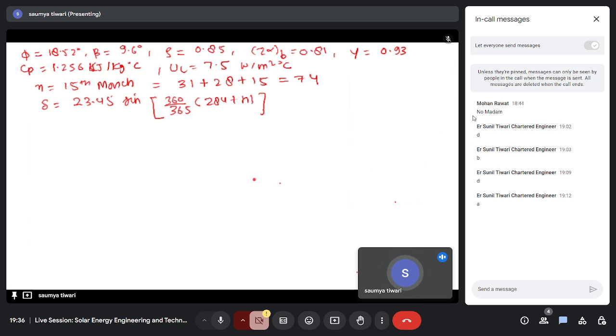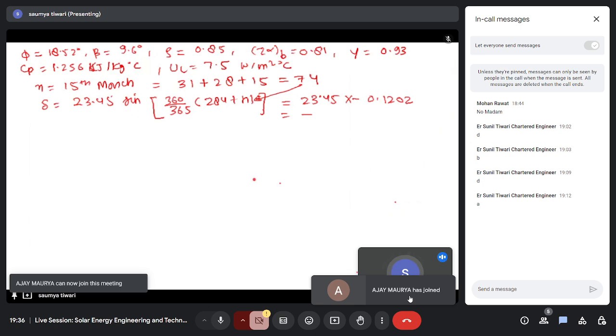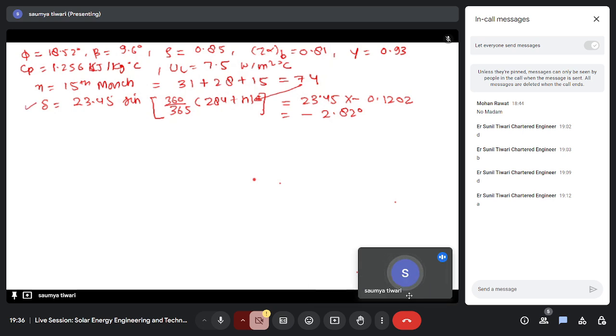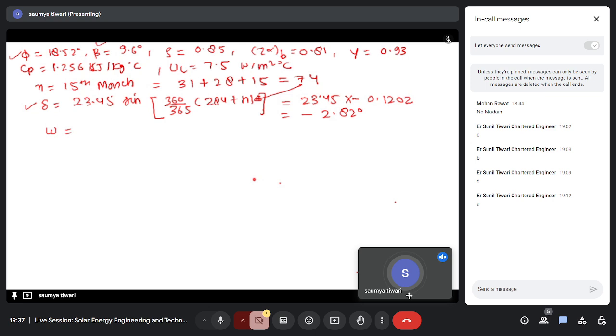If we put the value of n as 74, it comes to 23.45 into minus 0.1202, so the declination angle will be minus 2.82 degree. We know the declination angle, phi, and beta, and what else is given in the question is omega for 13 hour. For 13 hour, omega from solar noon will be 15 degree, and it's afternoon, that's why the sign will be negative. So these four angles we have calculated.